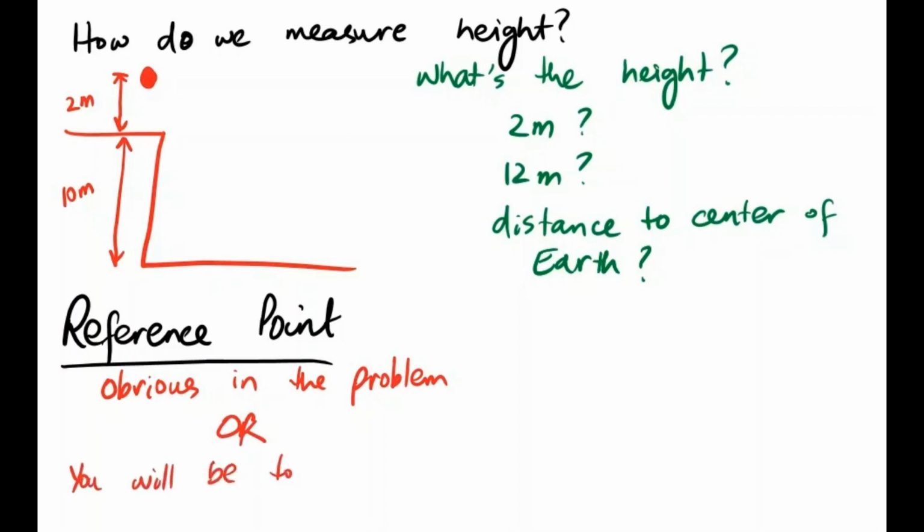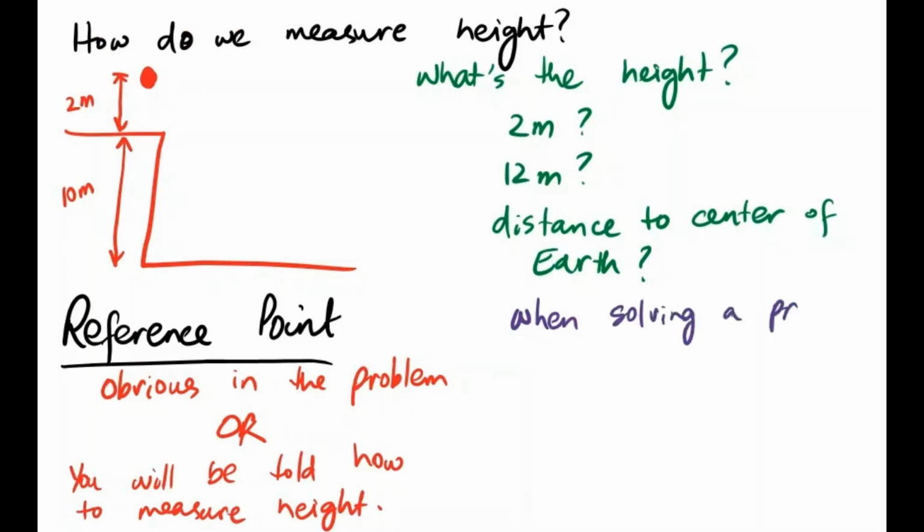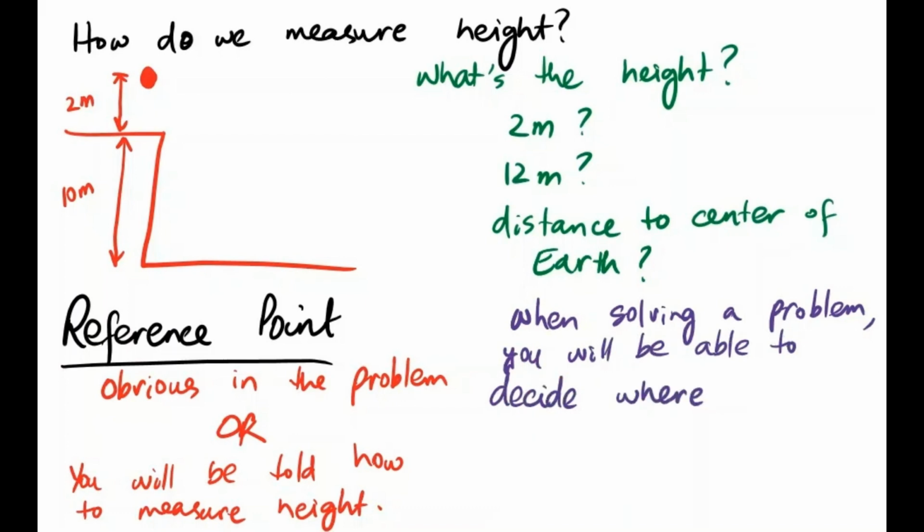Otherwise, you have to be very consistent on what reference point you're using. When solving a problem, you will be able to decide where to measure the height from, and if you're consistent with some reference point, everything is going to work out and you're going to get the right answer. So just keep in mind how you're measuring the heights, and that will help you solve for the gravitational potential energy.